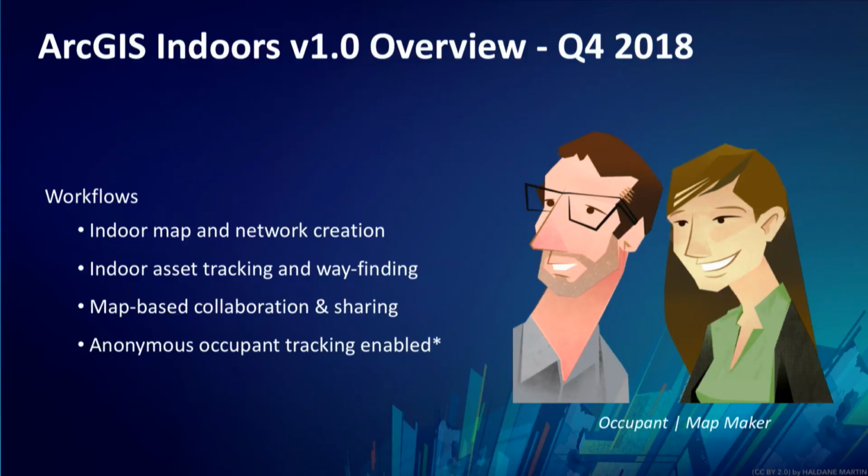You saw indoor wayfinding and routing. But then we also will do anonymous occupant tracking. So essentially showing you dots on a map, and you can look at them real time or on a historic basis, and then be able to do what you do with GIS, right? Do analysis and predict what you want to do based on the information that you see.